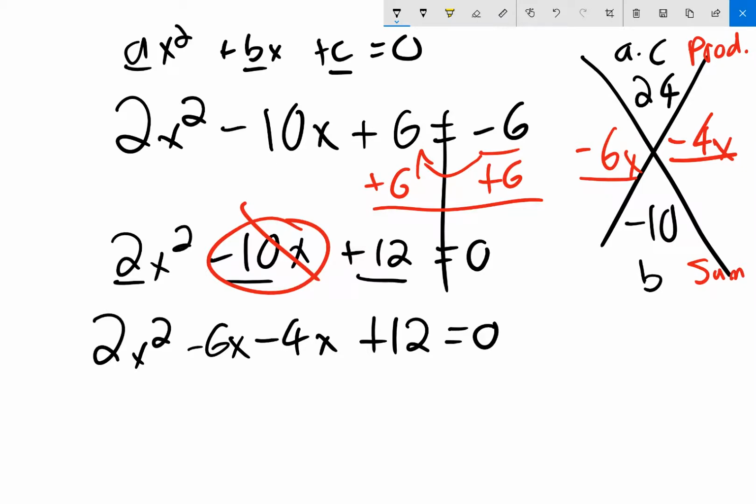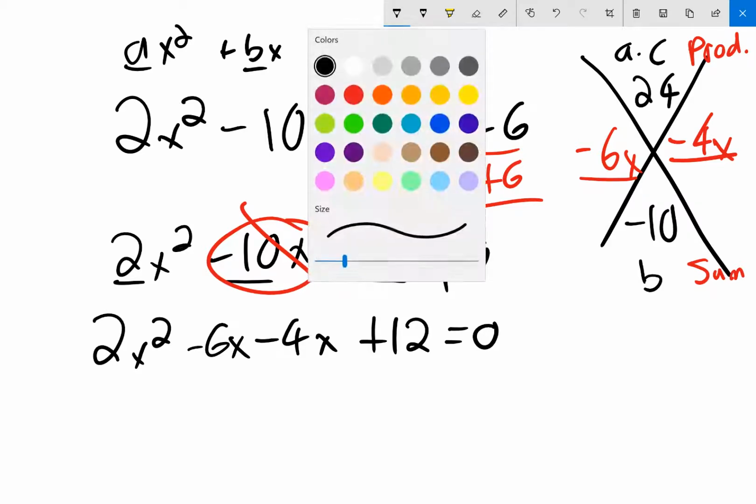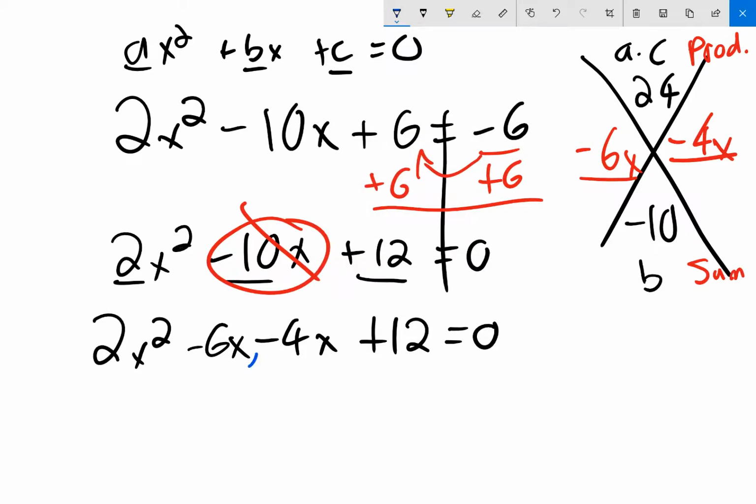Those 2 numbers are always very important because now I have the 4-term quadratic. And when I get the 4-term quadratic, I factor by grouping. So I group the first 2 terms, and I group the last 2 terms. Now I'm going to do it slightly differently here because I have a negative 4, and I need to make sure that the negative is inside those parentheses because that minus sign goes with that 4. If there was a plus sign, it wouldn't matter. But a negative sign does matter, so make sure you include that inside the parentheses when you draw them.